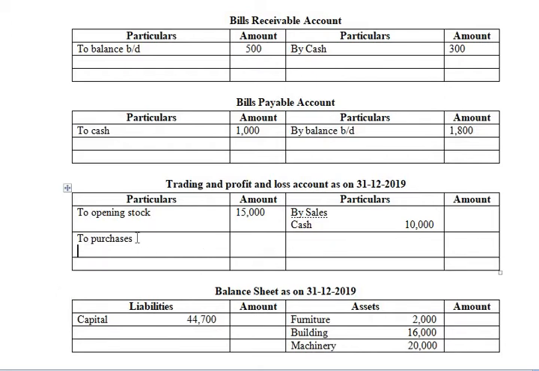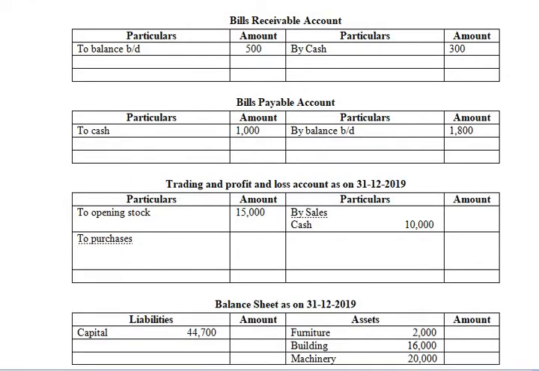So I'll just underline this again. To purchases, in this cash and credit. So we have cash purchase which is 2,000 rupees. We'll write it in the inner column, same as what we have done in case of sales.